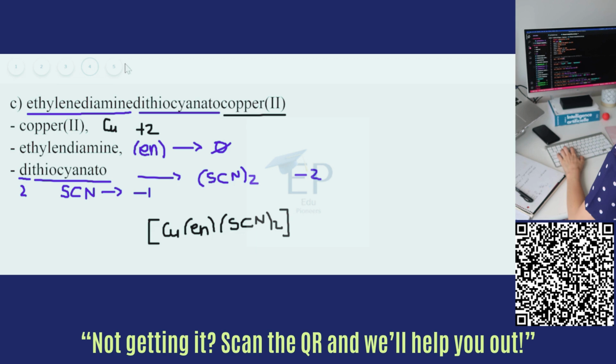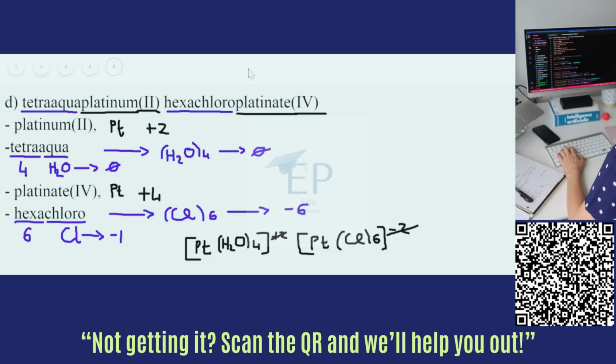Let's move on to the last example. In this case, we have 2 metals, platinum(II) and platinate(IV), with the corresponding ligands, tetraaqua and hexachloro. Let's start from the first one. So let's identify the first metal, platinum(II).